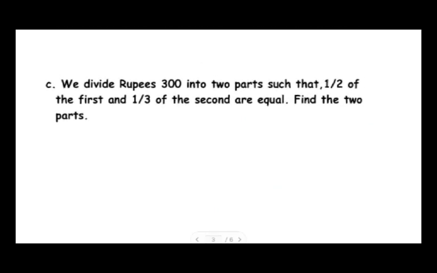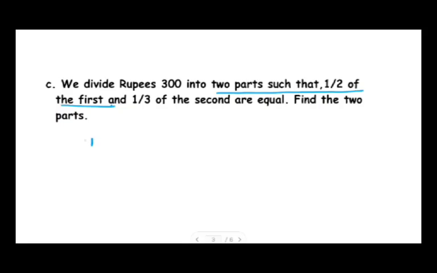We divide rupees 300 into 2 parts such that half of the first and 1/3 of the second are equal. So we are going to divide 300 in two parts such that half of the first.